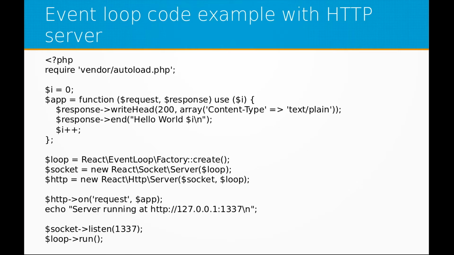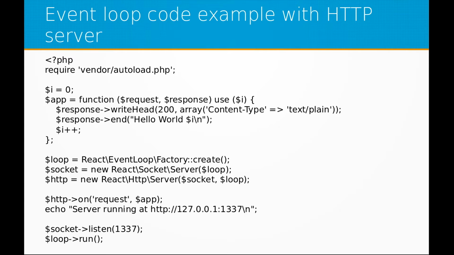a really simple loop. We declare an application. The application is waiting. It will be triggered when a request event happens through a socket and HTTP. So here is the HTTP part of the library. You have a server waiting on port 1337 on localhost.